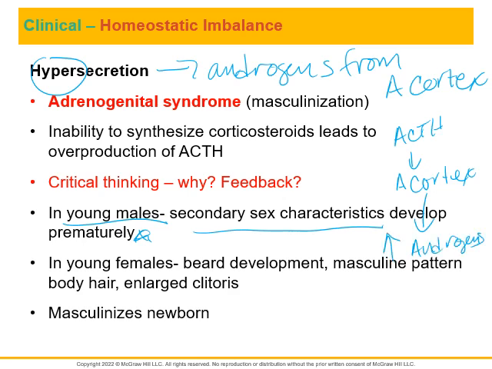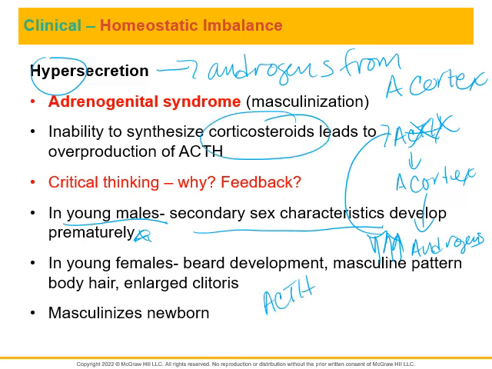So what they're saying is if your androgens are really high, it goes back and tells your anterior pituitary, stop sending that signal. So it can cause other issues because remember, ACTH tells several things what to do, right? Aldosterone, cortisol, and then the gonadocorticoids. So it would cause problems with aldosterone and cortisol excretion.